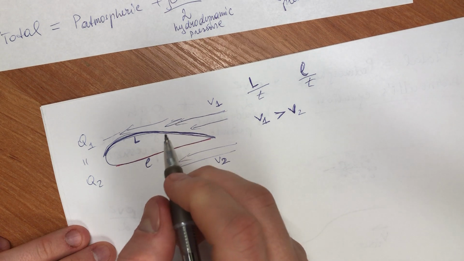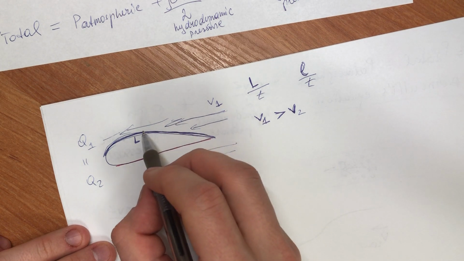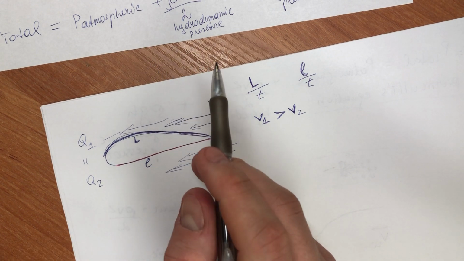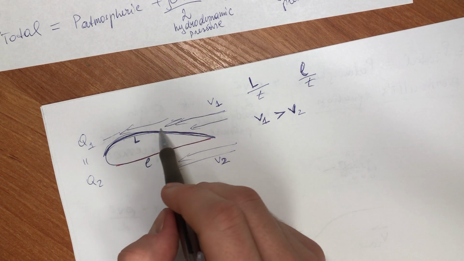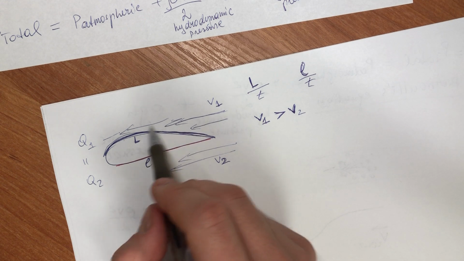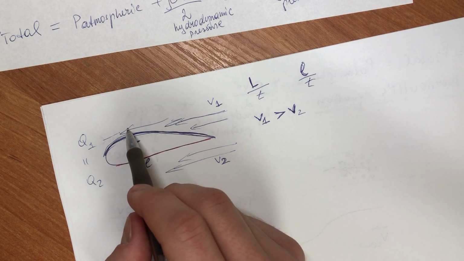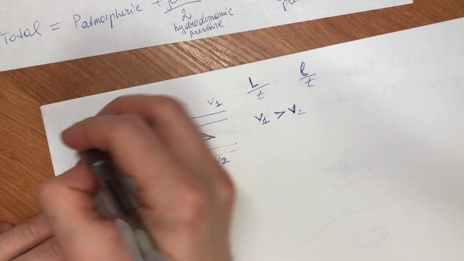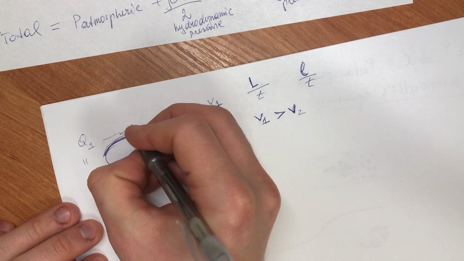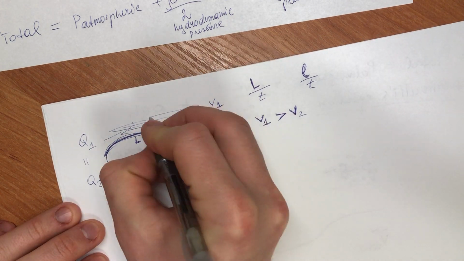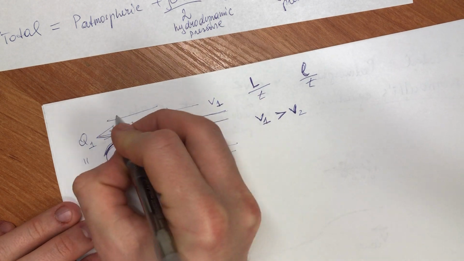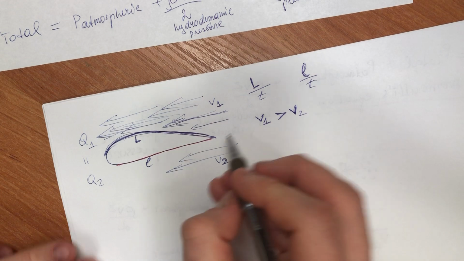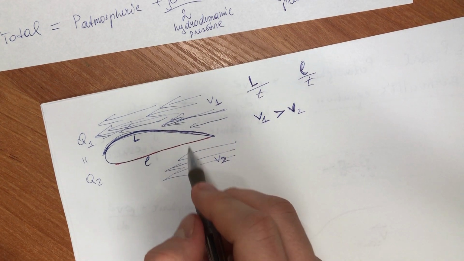So according to Bernoulli's equation, we understood that when the fluid flows at high speed, the pressure is reduced. Therefore this pressure here goes down in this fluid. This flow can be produced by the engines of the plane.